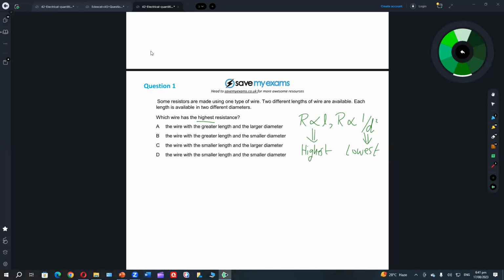So length should be greatest, length should be maximum, and diameter should be minimum. Select the answer quickly.